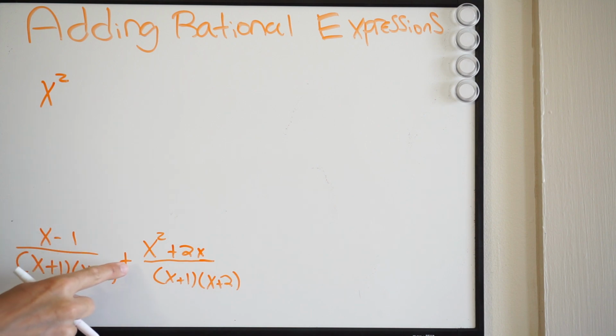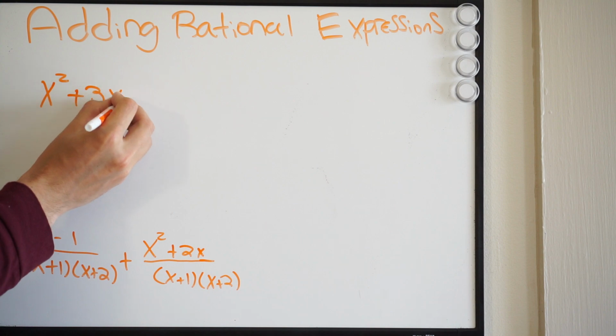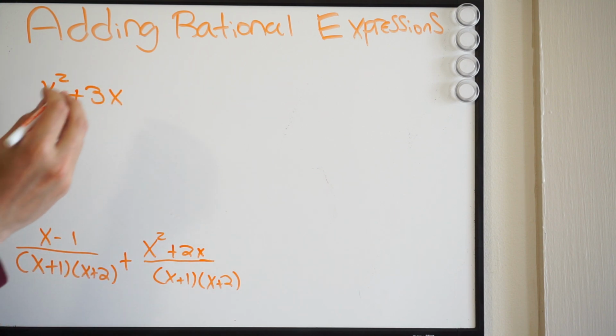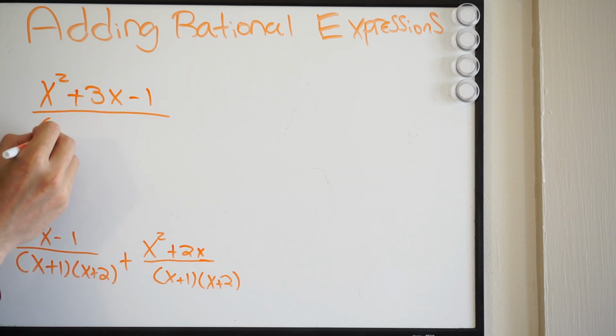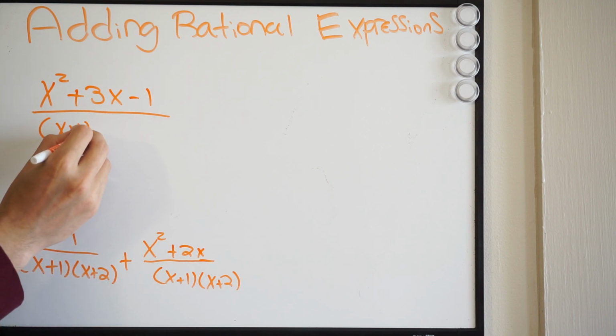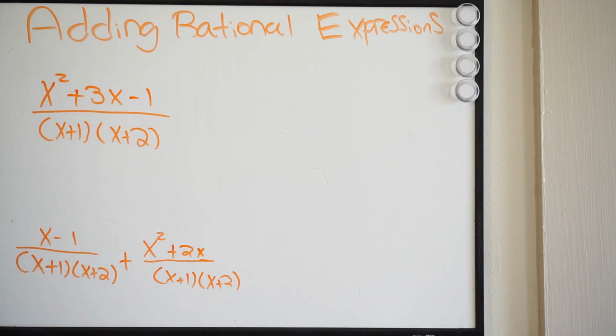We have an x plus a 2x, which is going to be 3x, so plus 3x. And then our constant here is minus 1. And again, this will all be over x plus 1 and x plus 2. Okay, and this problem is now done. We can't go any further. We can't cancel anything out.